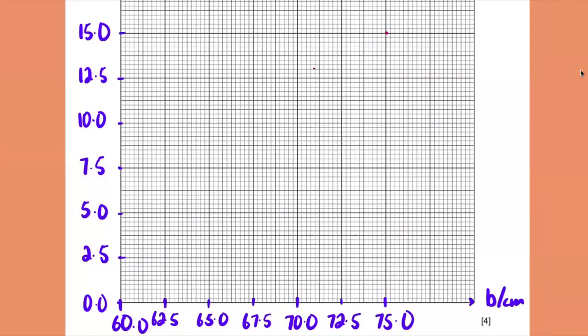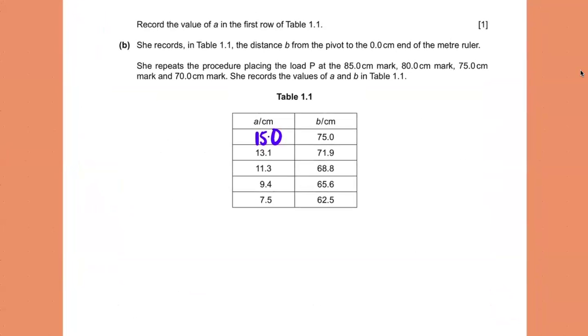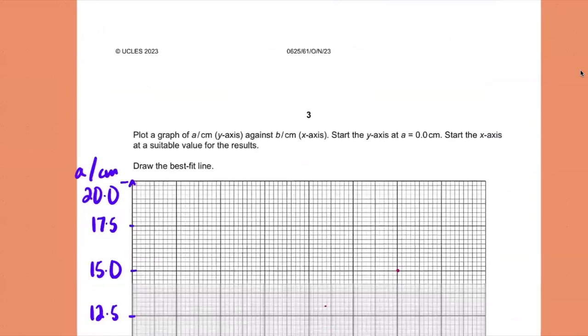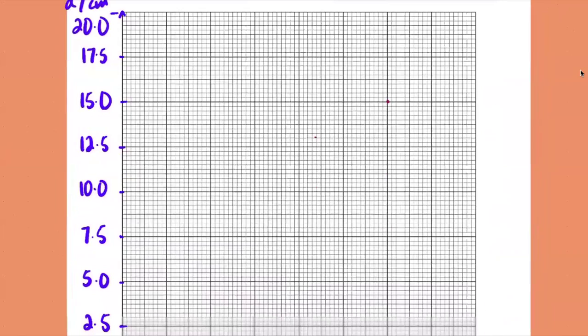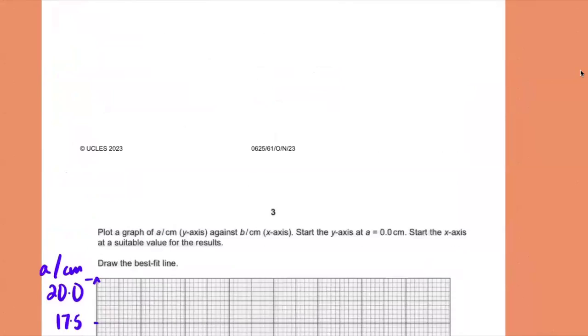So again, let's see here. 68, 68.5. What did we have to plot? We have to plot 68.8. So I'm thinking right in the middle of both of these boxes. So right in the middle, this is almost 68.8, and the other value is 11.3.